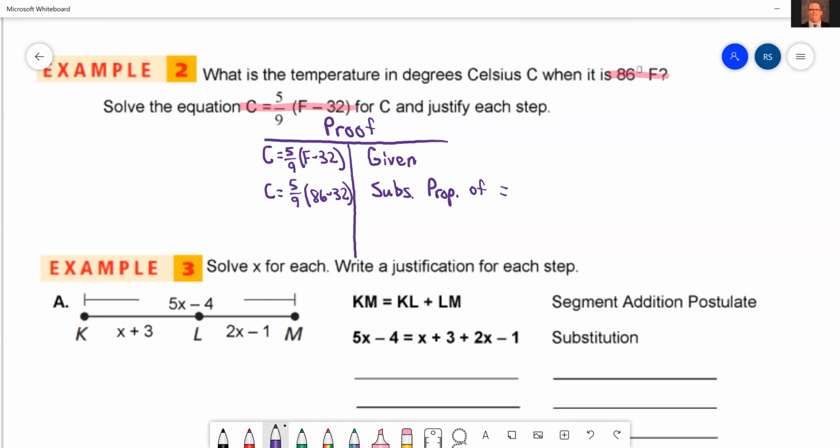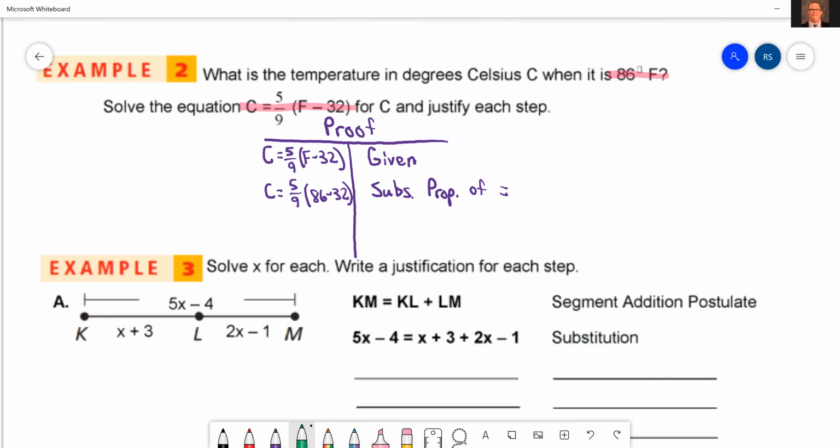Now, what could we do next? We could distribute, but there's something easier that I would probably do. Let's do 86 minus 32.